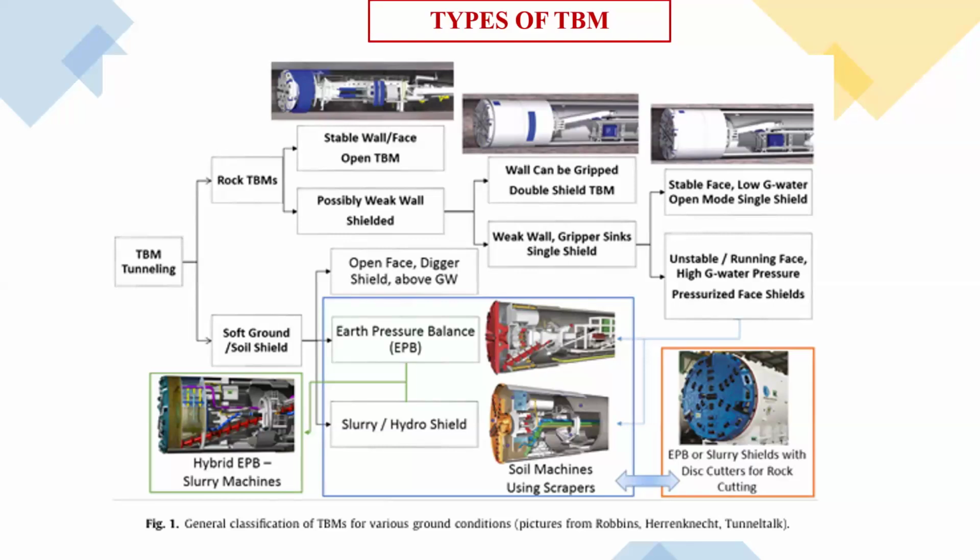In that condition, there is a slurry chamber inside this machine, and from that slurry tank, the slurry applies a thrust on the ground ahead of the TBM, and it forms a mud cake. If you have worked on a diaphragm wall, you can see that when we are excavating the trench, we are putting in a bentonite slurry.